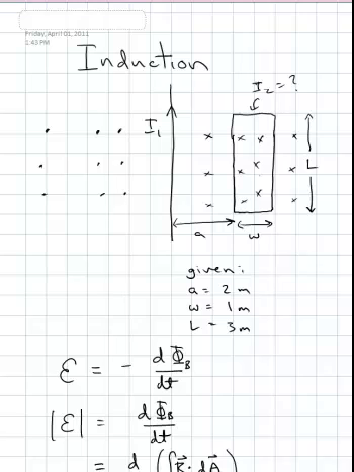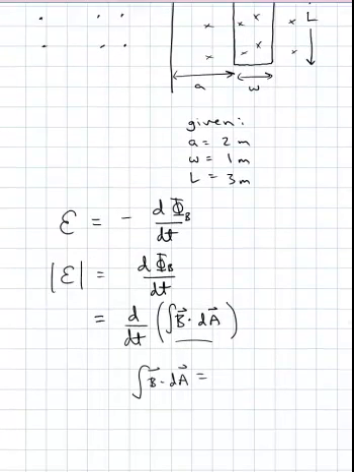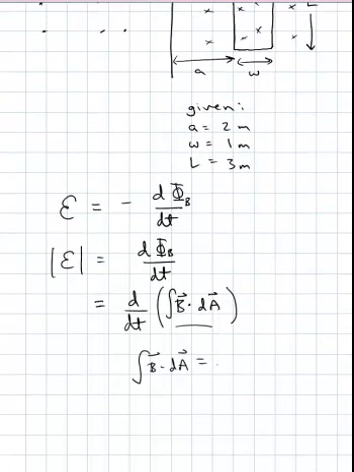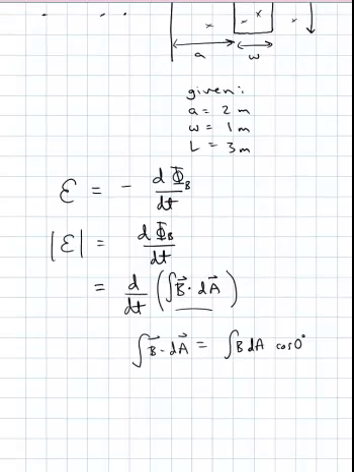But so our magnetic field at this wire is into the page. So it's perpendicular to the page, and so what we end up with is the integral of B dA, and either a cosine of 0 degrees or a cosine of 180. But all I care about is the magnitude right now. So this is just the integral of B dA, because my magnetic field is perpendicular to the plane of the loop of wire.